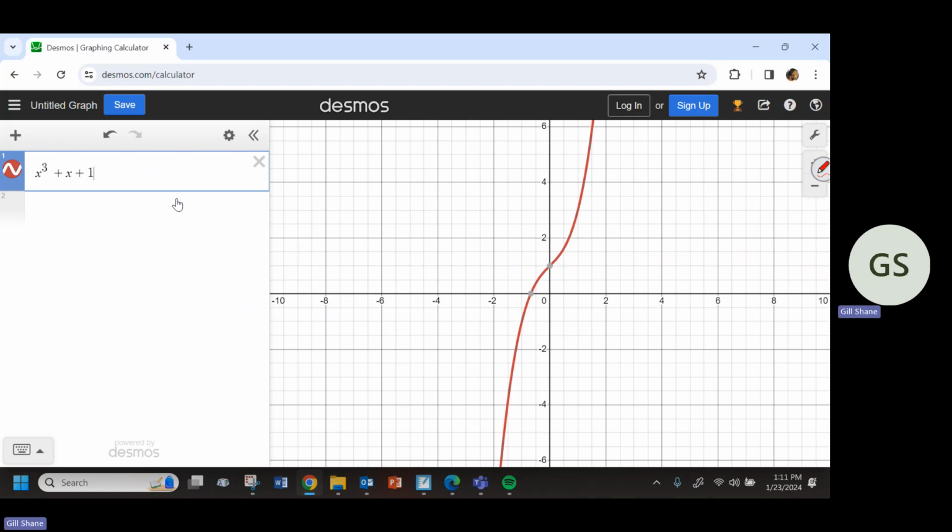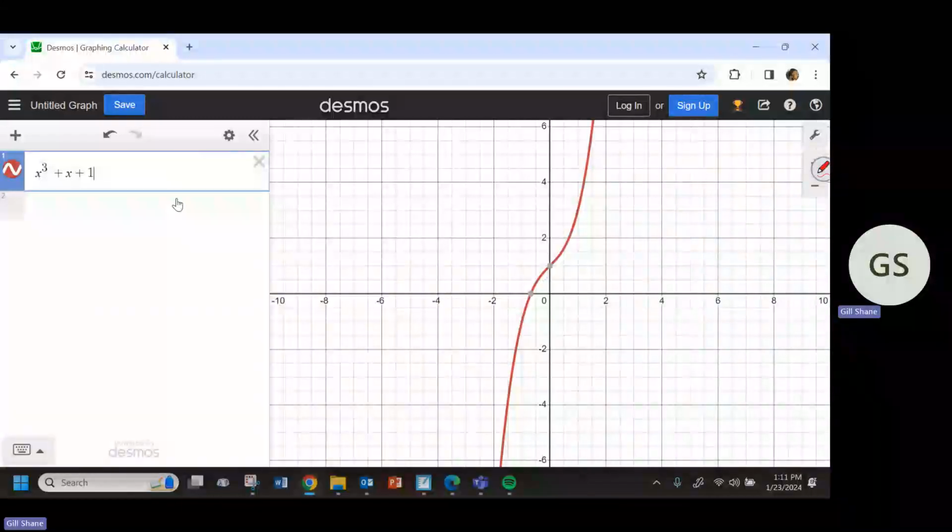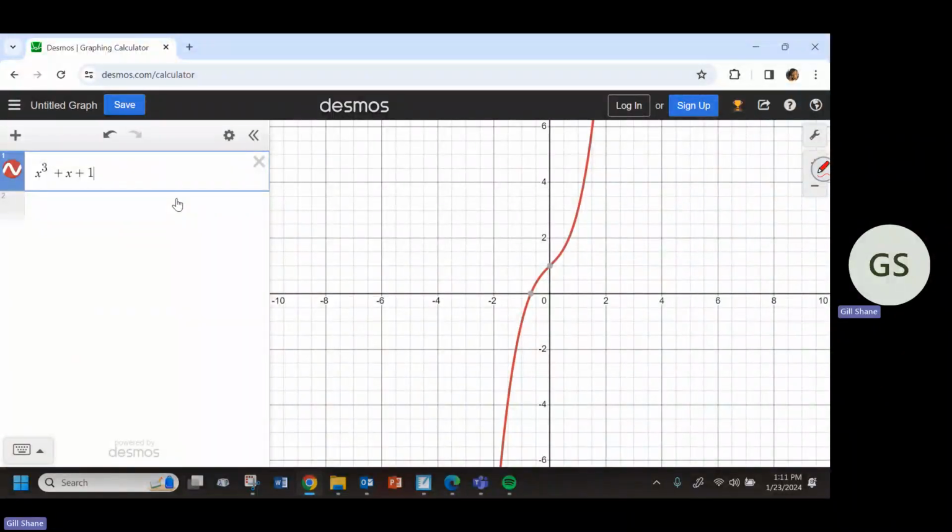It either repeats or it terminates. That's what rational means. So the zeros we're finding are basically fractions or whole numbers. So, you know, all integers, negative infinity through positive infinity, 1, 2, 3, 4, 5, negative 1, 2, 3, or some fraction.